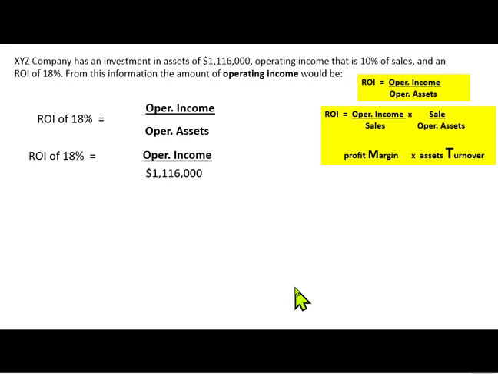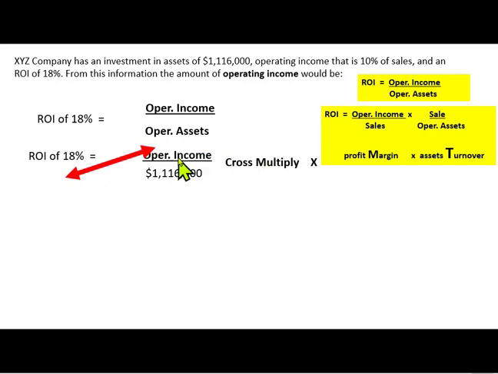We're going to do something called cross multiplying. When you cross multiply, you're going to take operating income and multiply it times whatever's here, and what you have to assume is here is just 1. If you put a line across this and then assume something, you have to assume that's a 1.